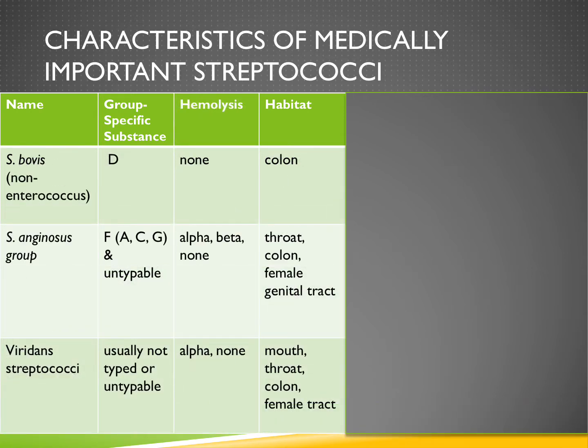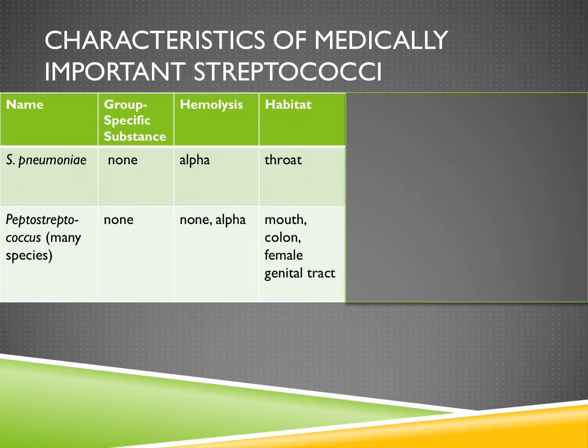Streptococcus bovis, Streptococcus anginosus group, the viridans streptococci, which are usually not typed or untypable and exhibit either alpha hemolysis or no hemolysis at all.